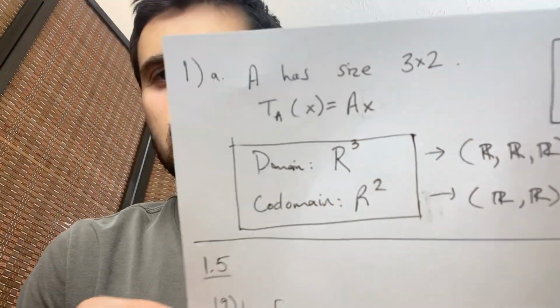I put these vector spaces, but I don't know, maybe it should be all real numbers, something like that.